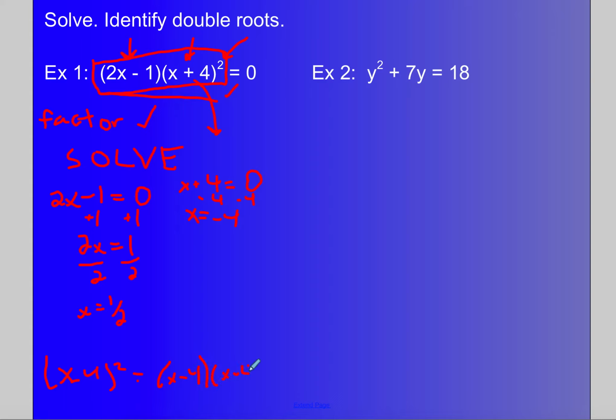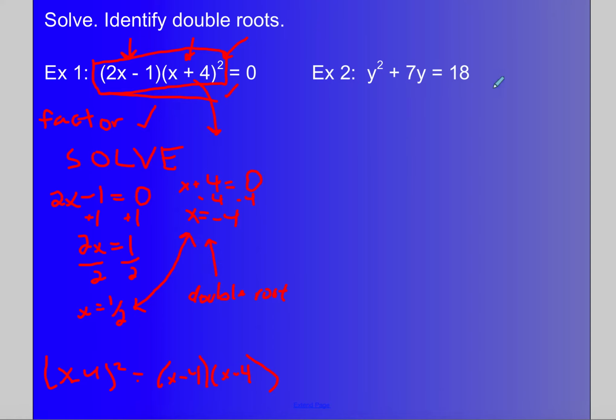So since it occurs twice, since that is 2, we call this a double root. That right there is a double root. So the two values that would make this polynomial equation equal to 0 are x equals 1/2 and x equals -4, and x equals -4 is a double root.